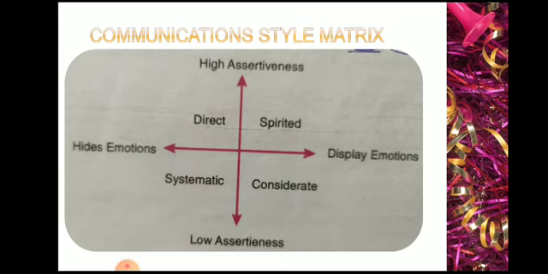Some may have 99% of hiding emotions and less than 1% assertiveness, so those people will be here. If we take half of it, direct, 50% of hiding emotion and 50% of confidence, such people would have that. If we take the example over here, a person having 90% of assertiveness and hiding 10% of emotions, whatever it may be.